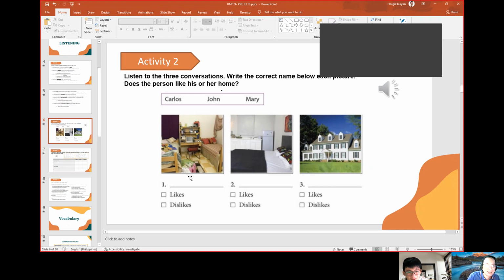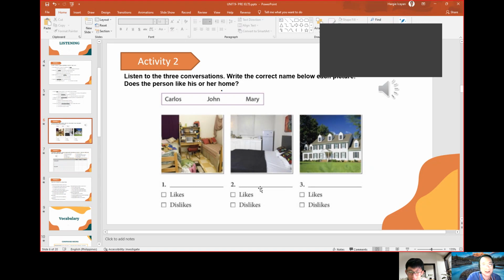In dormitories. But there are likes too, because it's near the university or near the school, right? So you will not be late going to your classes. So that would be one of the likes. But there are also a lot of dislikes.